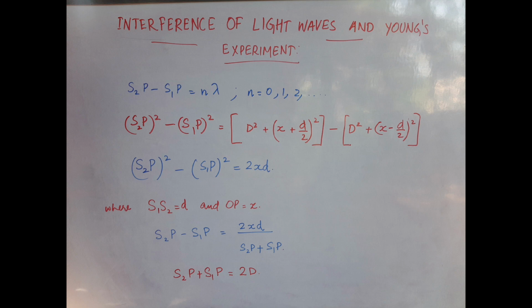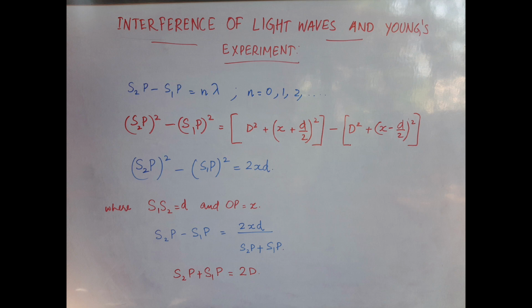So S2P whole square is D square plus x plus d by 2 whole square, and S1P whole square is D square plus x minus d by 2 whole square.